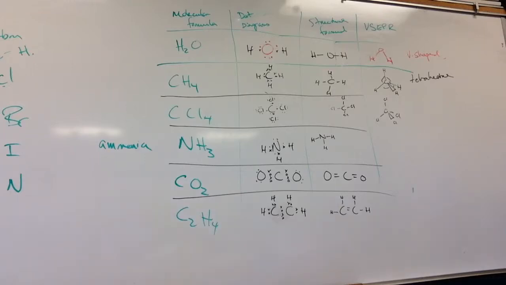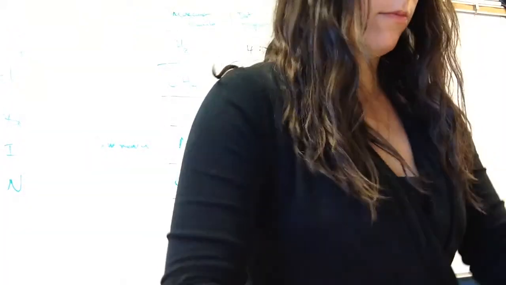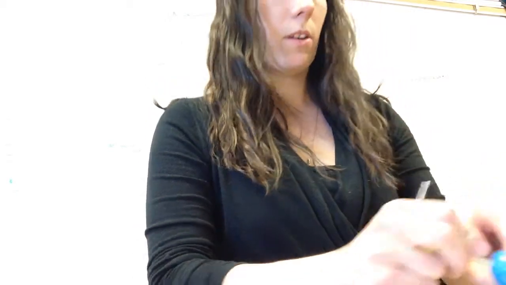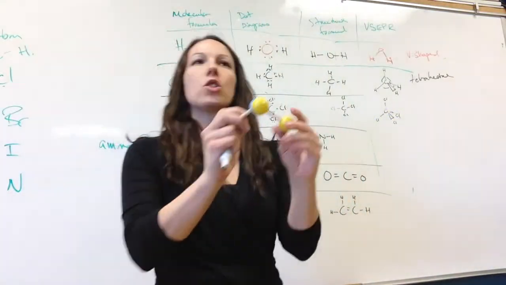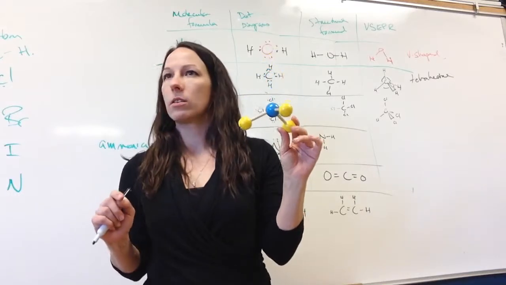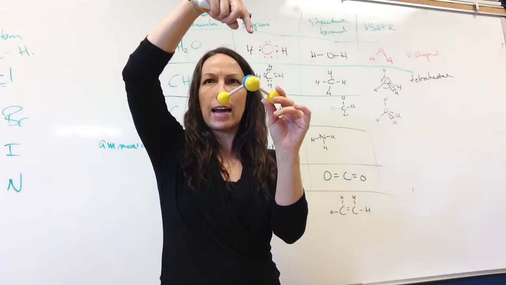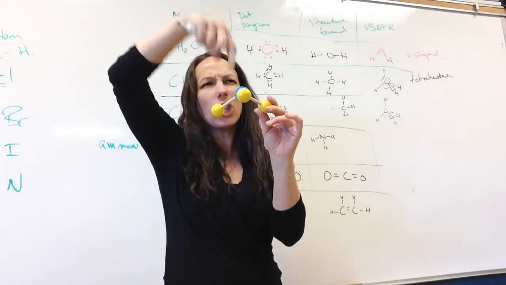Okay. Let's look at your ammonia then. Ammonia only has 3 sticks as opposed to the 4 of tetrahedral. So this, that sat up there, our camera, what's our camera?